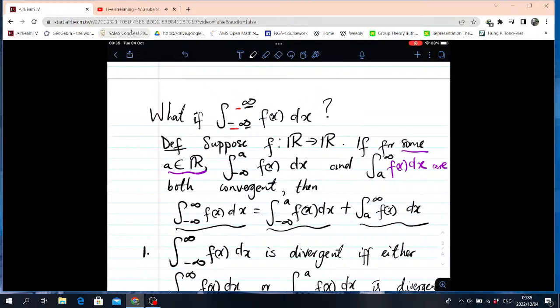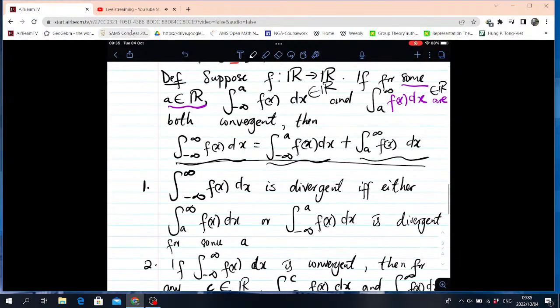You can only say this is equal to the sum of those two if both are convergent. So if we get a real number there and a real number there, then we can say the integral is the sum of those two.